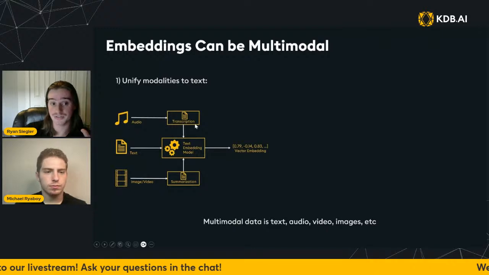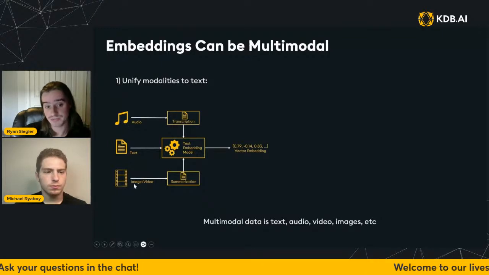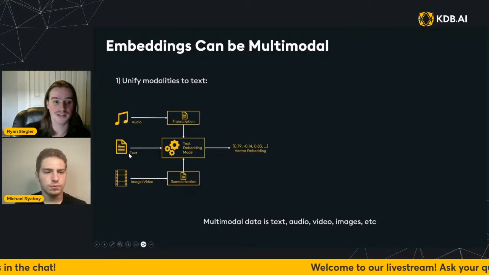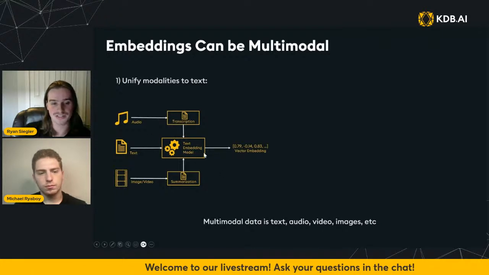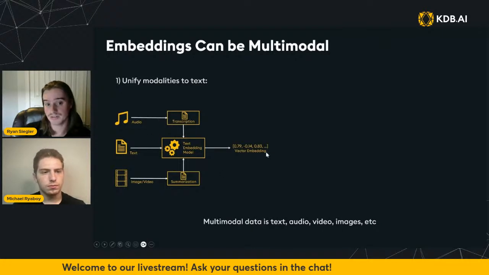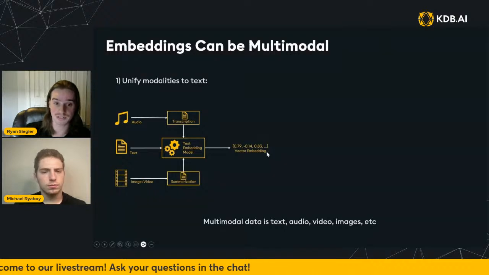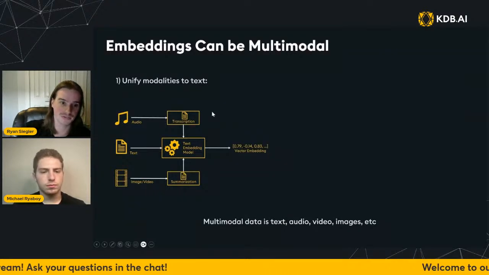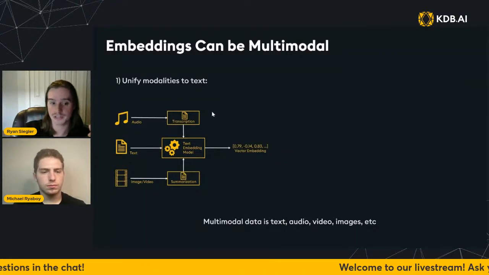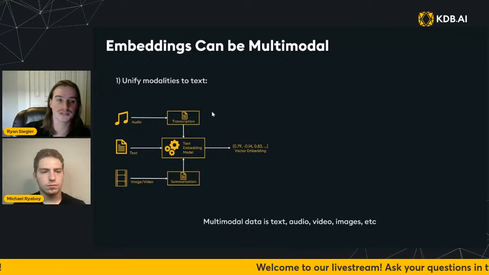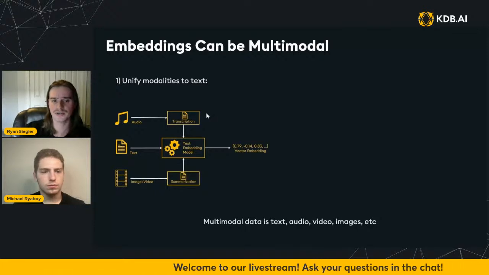So you can take your audio and transcribe it into text. You take your image and video, you summarize it into text. You take your text, it's already text, so you don't have to do anything. And then you pass that on to your text embedding model to get vector embeddings that are in a shared space and are technically multimodal, even though they're created with a text embedding model, because you're using transcriptions and summaries to represent your original data. So that's one way to do it.